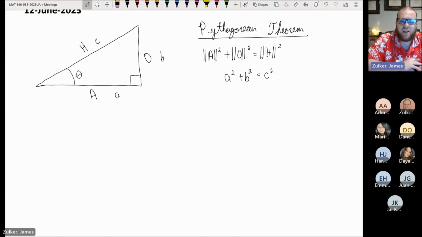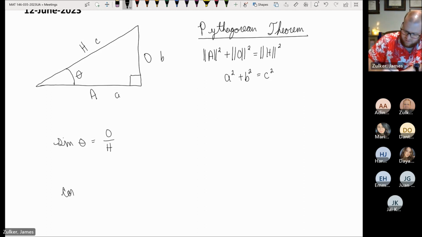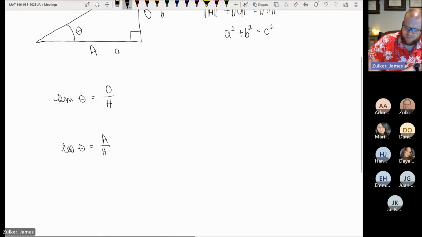In right triangle trigonometry, sine of theta is opposite over hypotenuse. Cosine of theta is adjacent over hypotenuse.